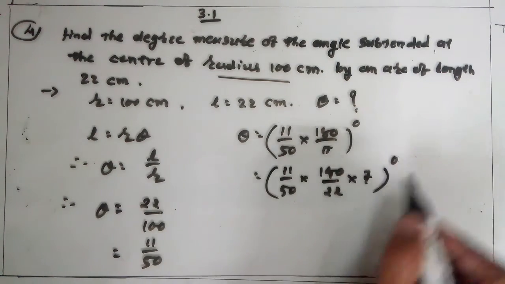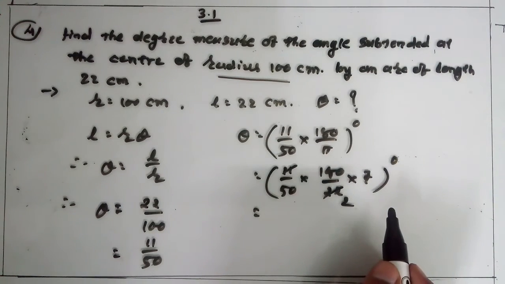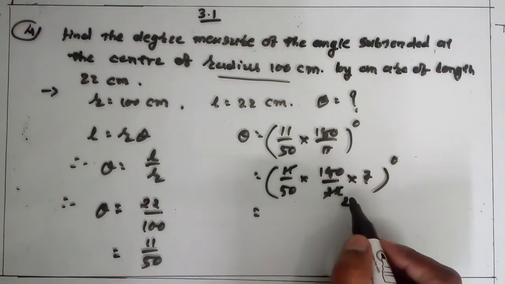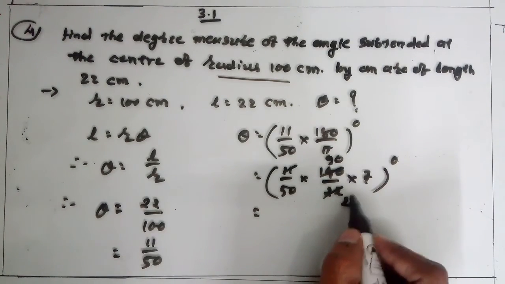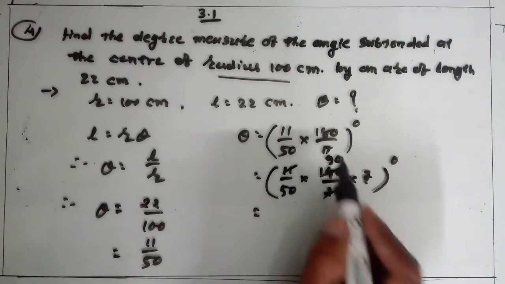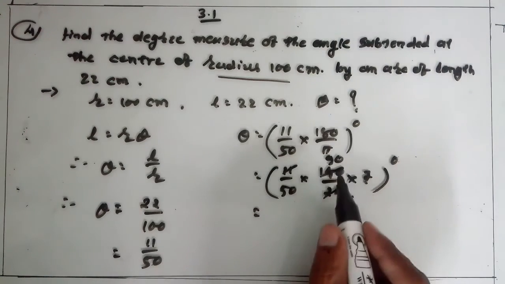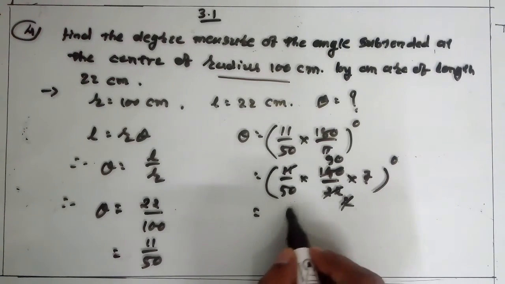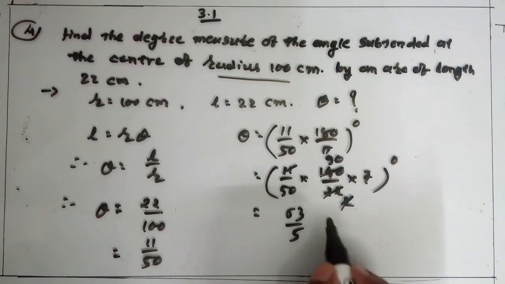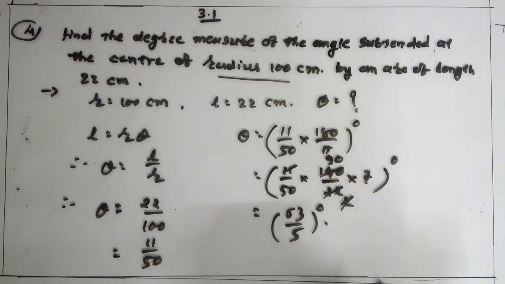Now simplify this. 11 to 22, 9 to 18 and a 0, 1 0 cancel. 9 into 7, 63 upon 5 degree. Clear?